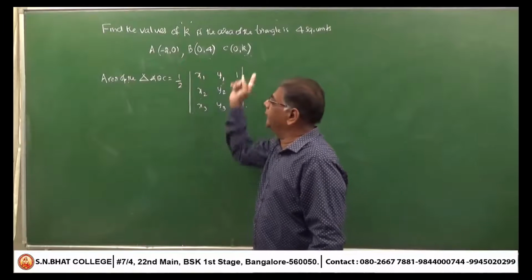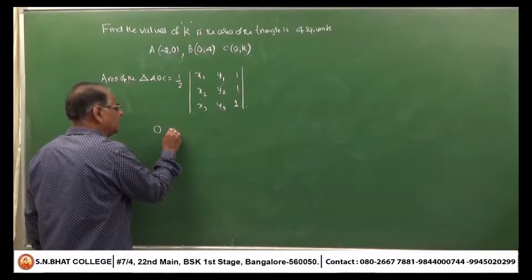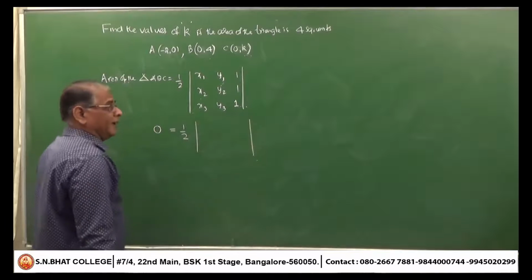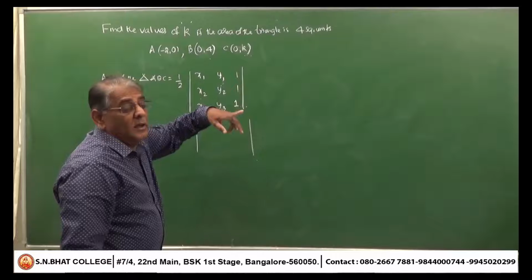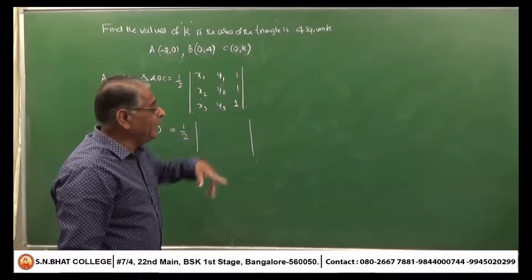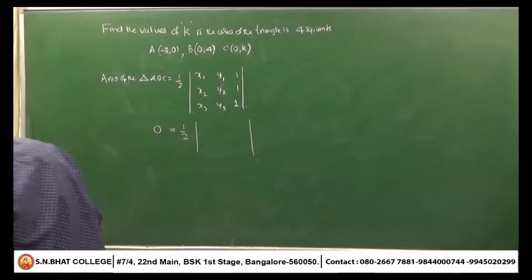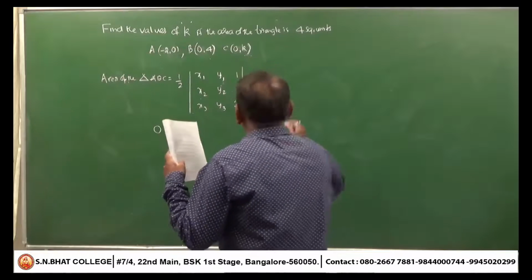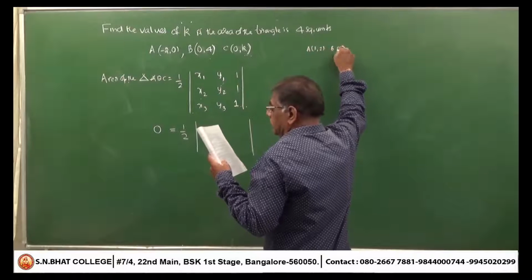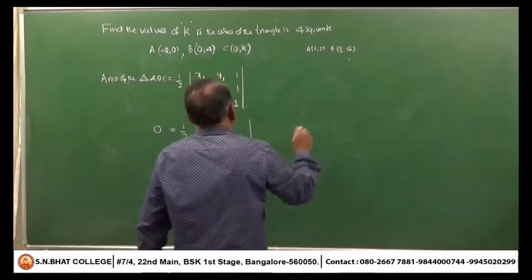If these form a straight line, the area of the triangle must be 0. Replace the area of the triangle by 0, equal to half into the determinant. Here x1 y1 is A, which is (1, 2), B is (3, 6), P is (x, y).